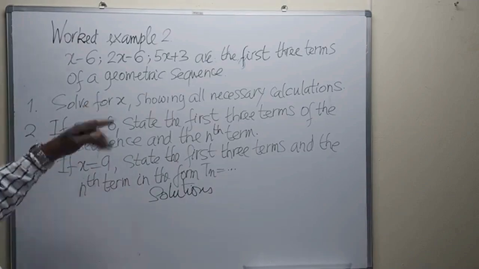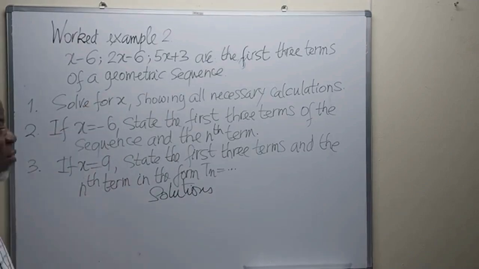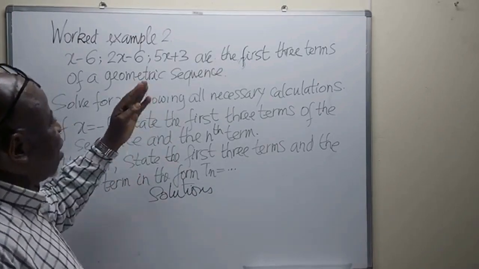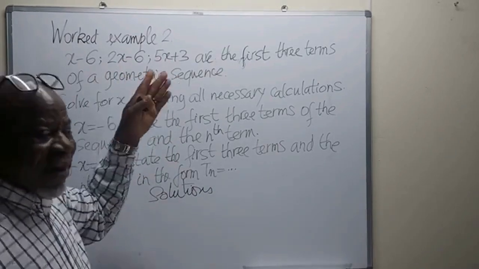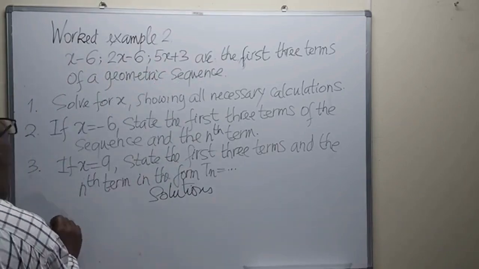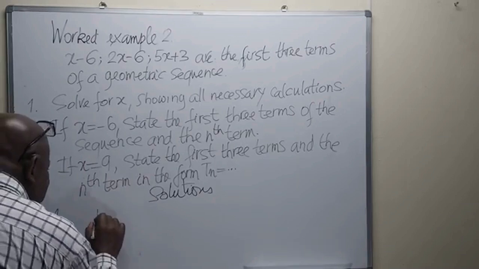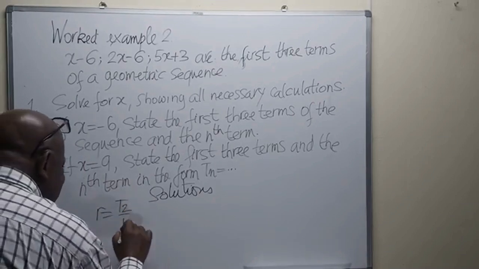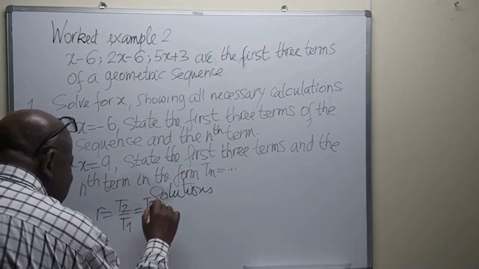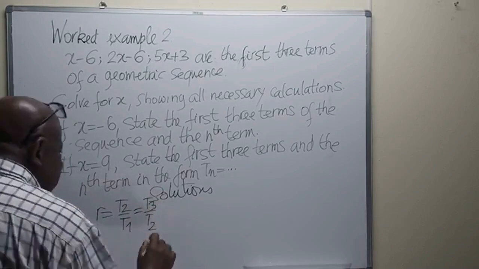Question number 1, solve for x. Remember, we still are going to need to calculate to determine the common ratio. So for question number 1, we'll write r is equal to T2 over T1, and this will be equal to T3 over T2.